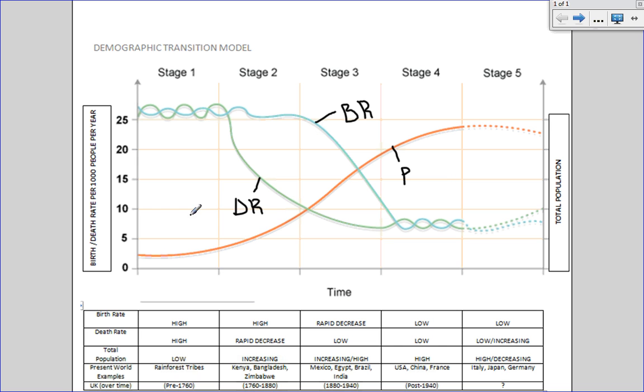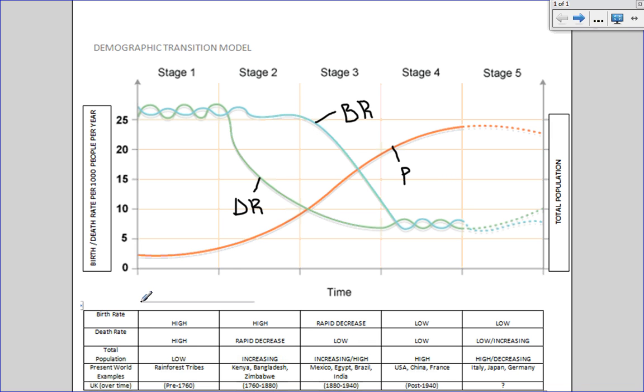In stage 1, we can see that the birth rate, the blue line, is quite high. And we also see in stage 1 that the death rate is quite high with the birth rate. No country in the world today we could say is clearly identified as a stage 1 country. Most countries have moved into stage 2, but we will see isolated pockets within countries where we see stage 1. These could be rainforest, tribal peoples in the Amazon, for example.